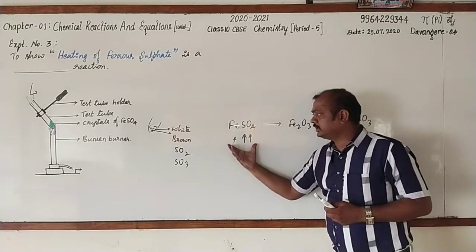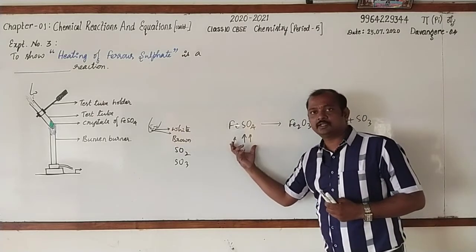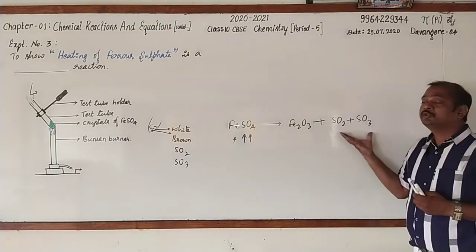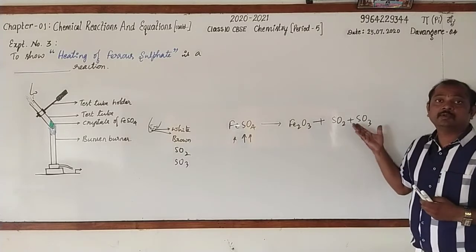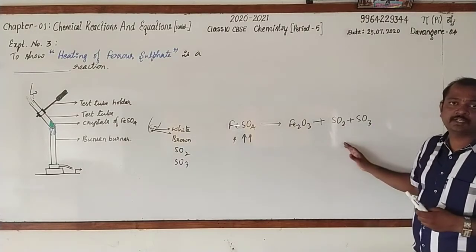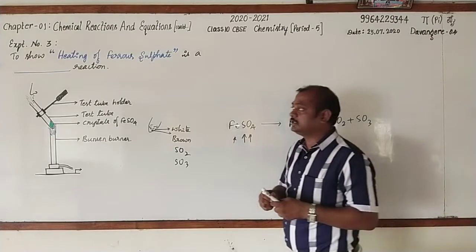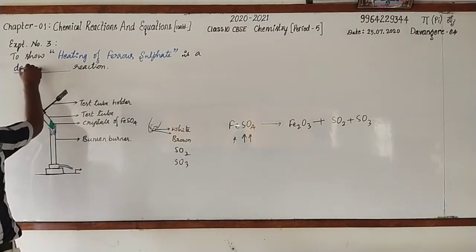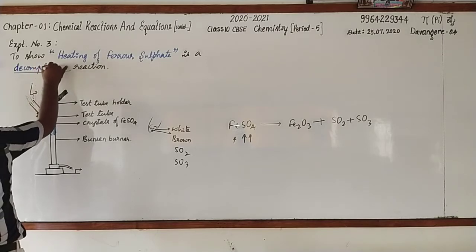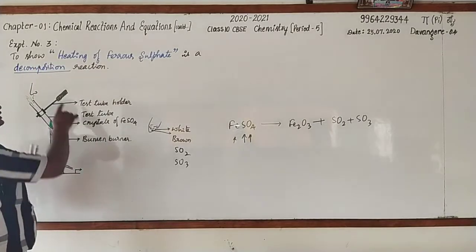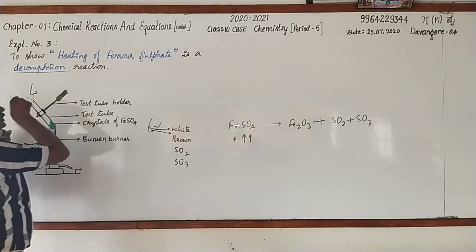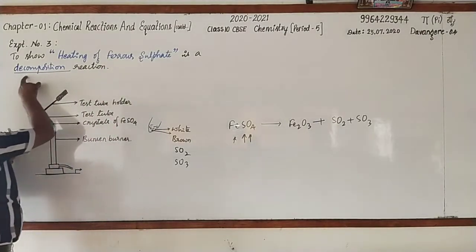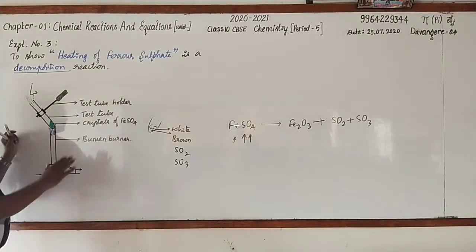Now see that here a single reactant splits up into 3 products. Then what type of chemical reaction is it? Yes, you are right. It is called a decomposition reaction. Decomposition reaction. Now this is the aim, to show that the heating of ferrous sulfate is a decomposition reaction.